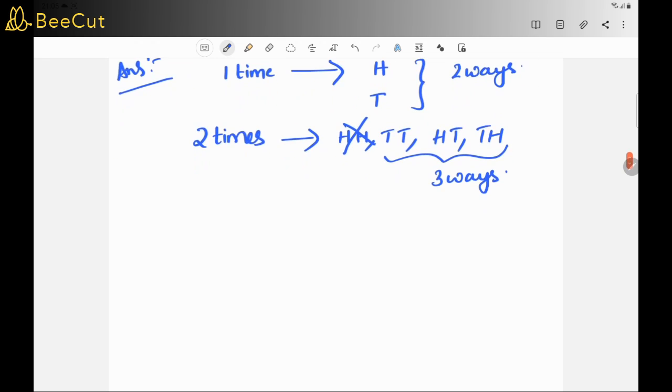Now suppose it is tossed 3 times. So I can get head, head, head. I can get head, head, tail. I can get head, tail, head. I can get tail, head, head.